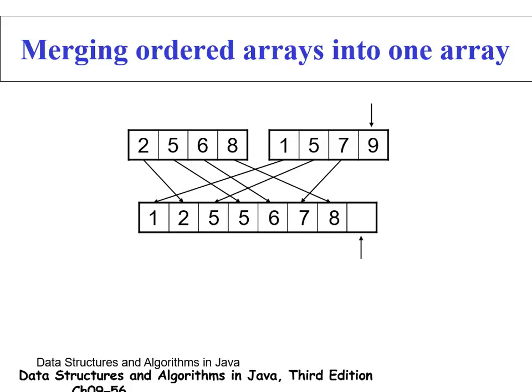We have nothing to compare now between A and B. B still has something, but A has nothing to compare. If you continue, you're going to get an error because point A goes out of bound already. So when do we stop? When point A is still less than A dot length. Good.